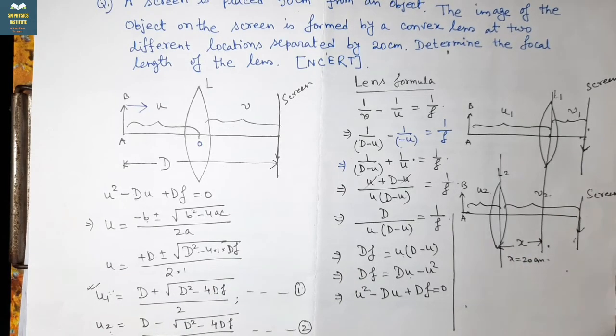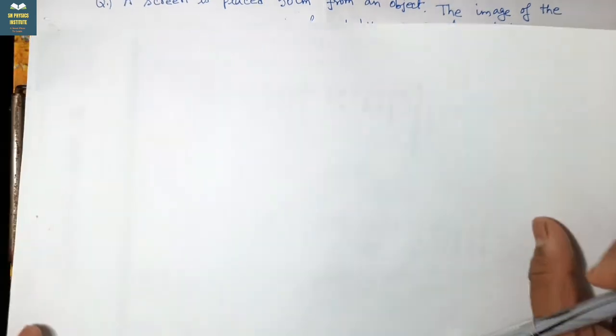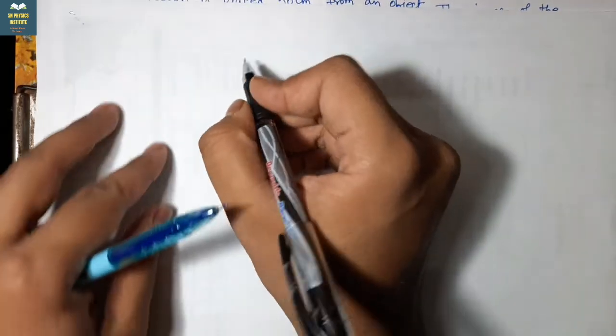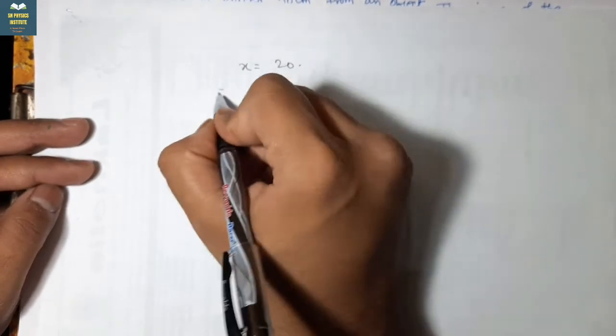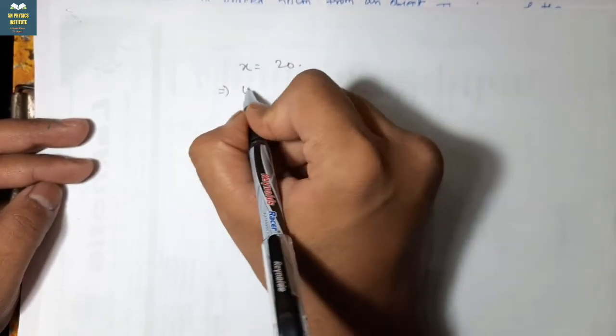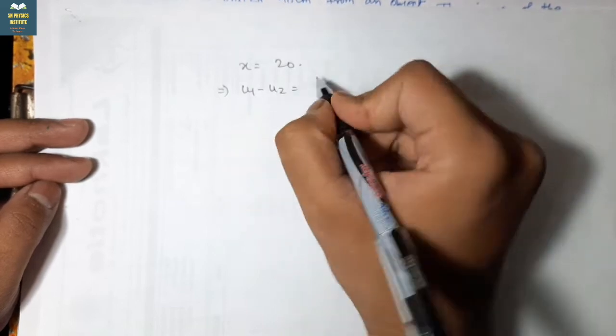So if I calculate here, x is equal to 20 centimeter, and x means u1 minus u2.